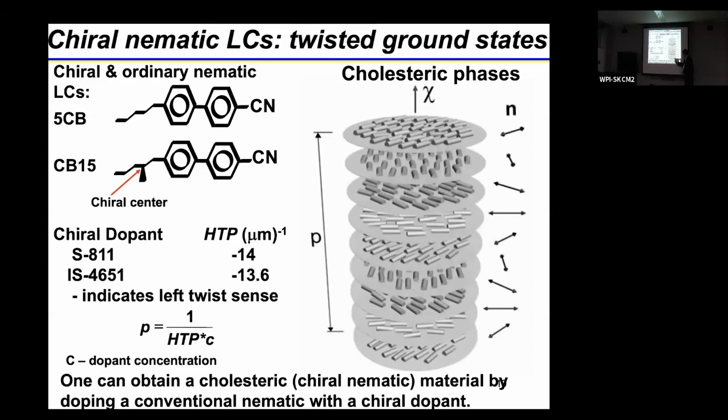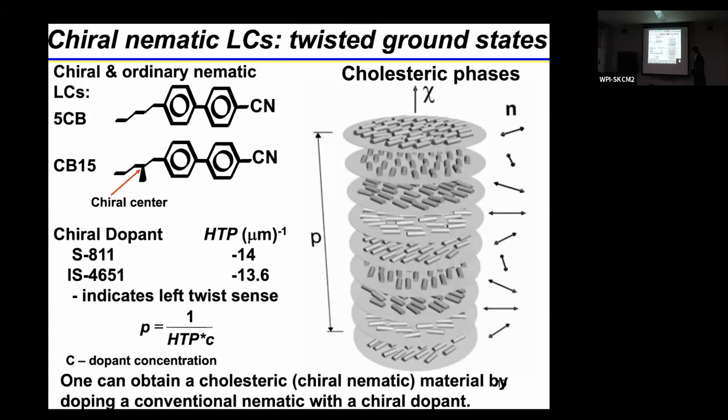The length of these molecules is roughly 1 or 2 nanometers and the diameter is sub-nanometer, but the distance, or pitch, over which they would rotate by 360 degrees typically would be in the micrometer range, or tens or hundreds of nanometers, much larger than the size of these molecules.